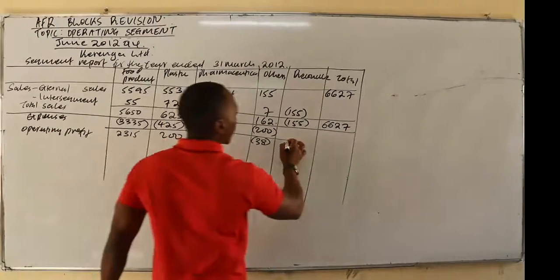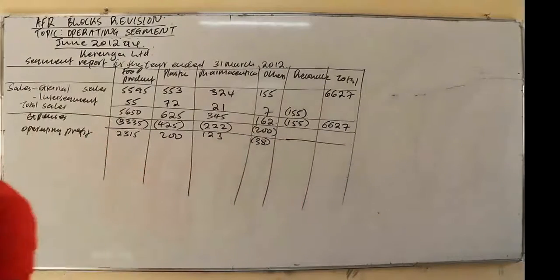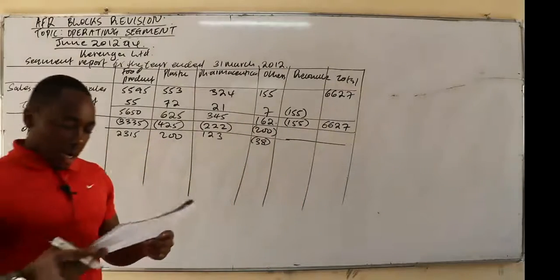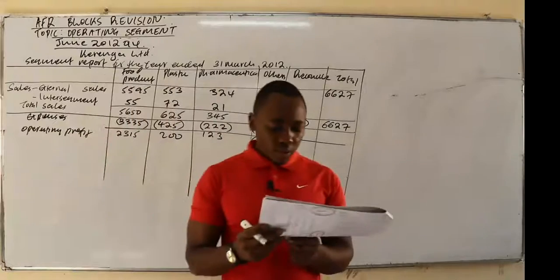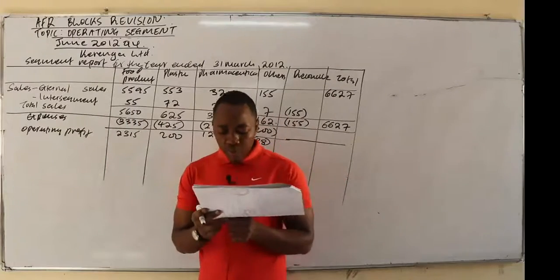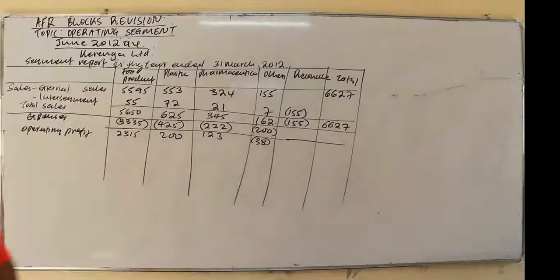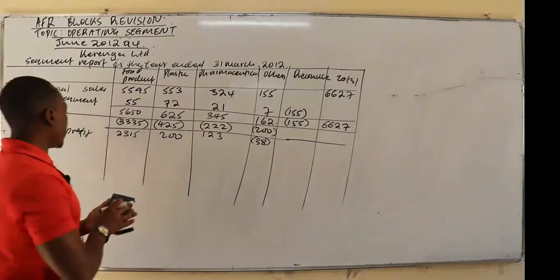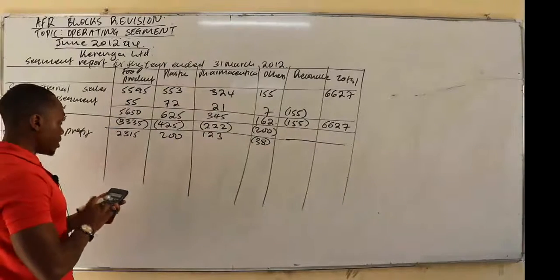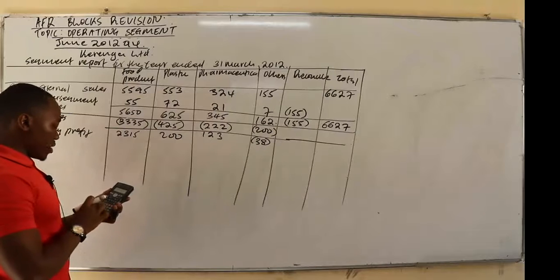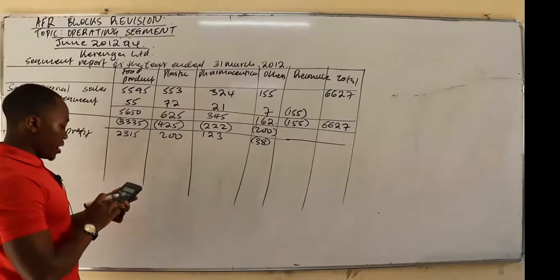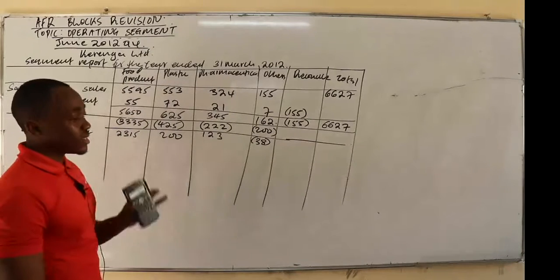Then let's go back to the statement. Can you go back to note number 2? Note number 2, I told that operating profit includes 33 on intersegment sales. So of this profit, can you add the total? Add the total profit. We have 2315. You add 200. You add 123. Then you less that 8, and you get 2600.